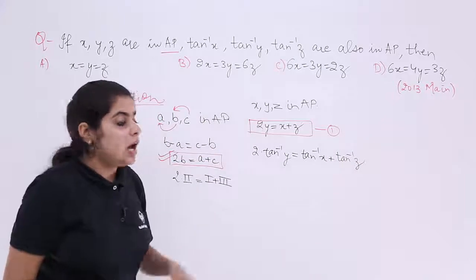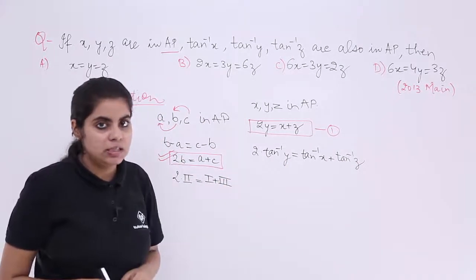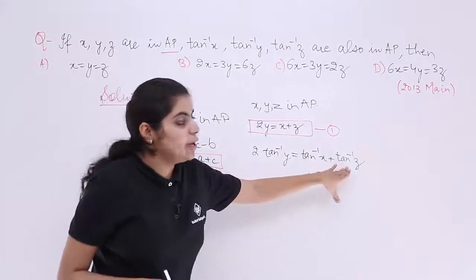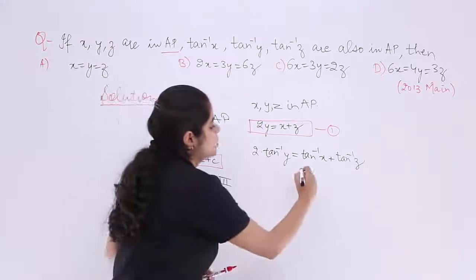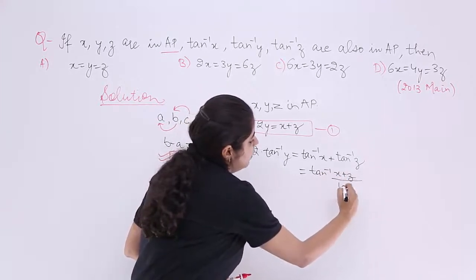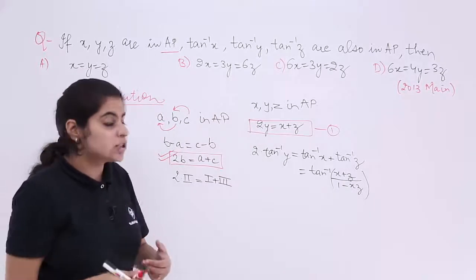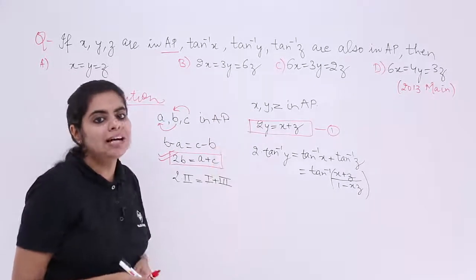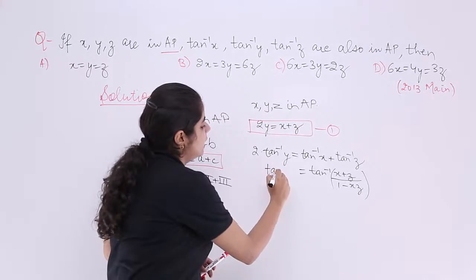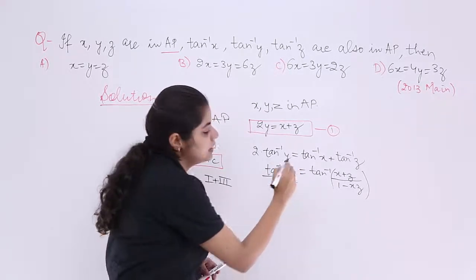Now, on obtaining this equation, I would be applying some formulas. The formula of tan inverse A plus tan inverse B can be applied, which is tan inverse of (A plus B) upon (1 minus AB). This we have already seen and studied. Also, the formula of 2 tan inverse theta can be applied, which is tan inverse of 2 theta upon (1 minus theta square).